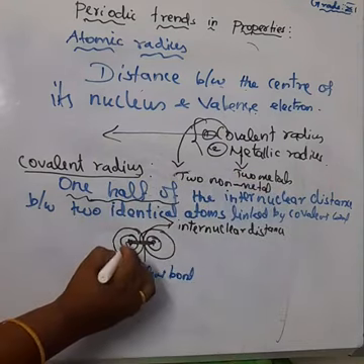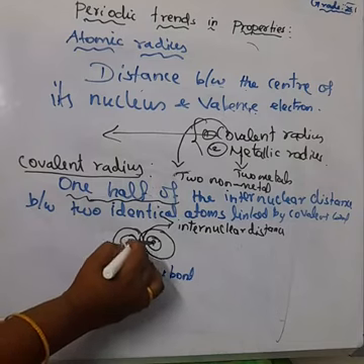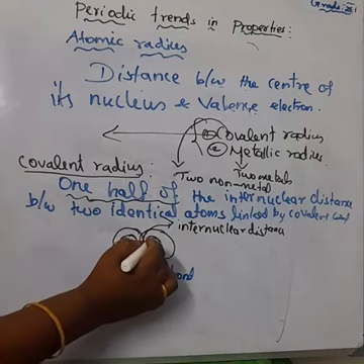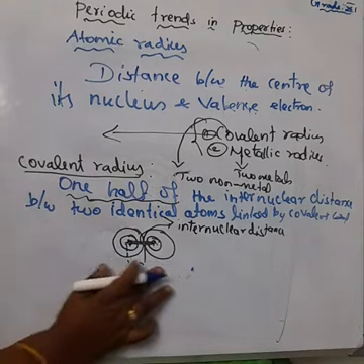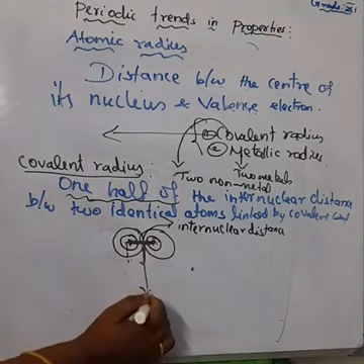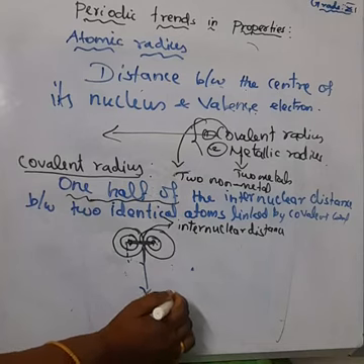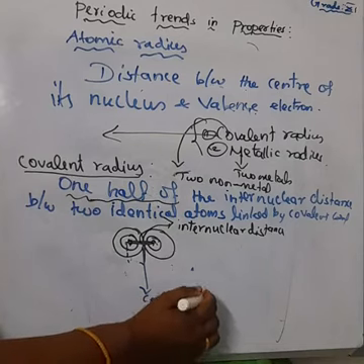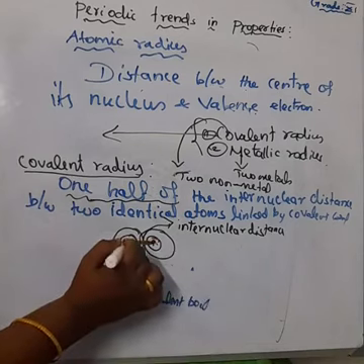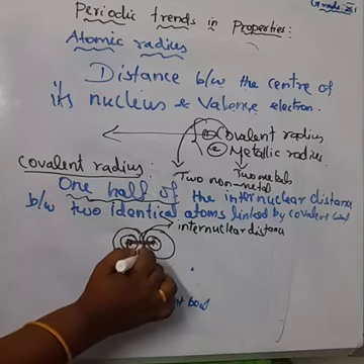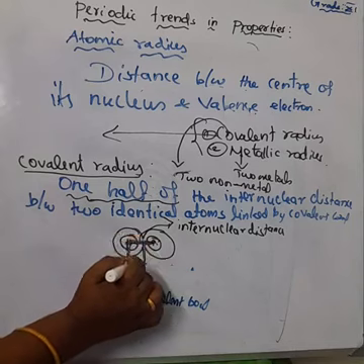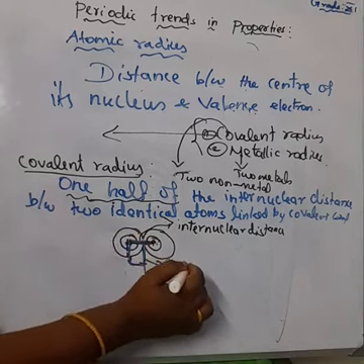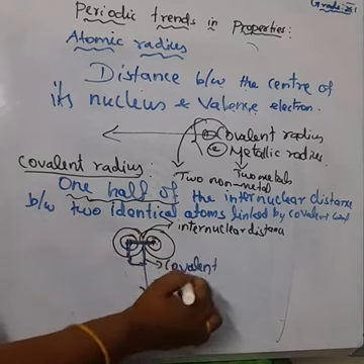So this is the internuclear distance between two covalently bonded atoms, and covalent radius means one half of it. We take half of the distance between the two covalently bonded atoms, and that is called the covalent radius. Understood?